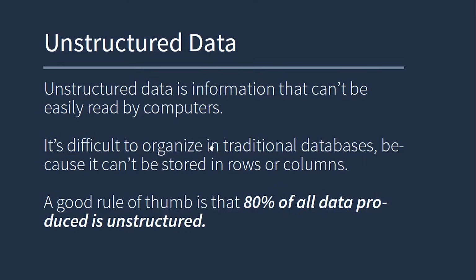And this is by far the most common form of data on the internet. A good rule of thumb is that 80% of all data produced is unstructured. For instance, when businesses collect information about Facebook usage, any kind of messages, any kind of comments on walls, things like that are all unstructured data.